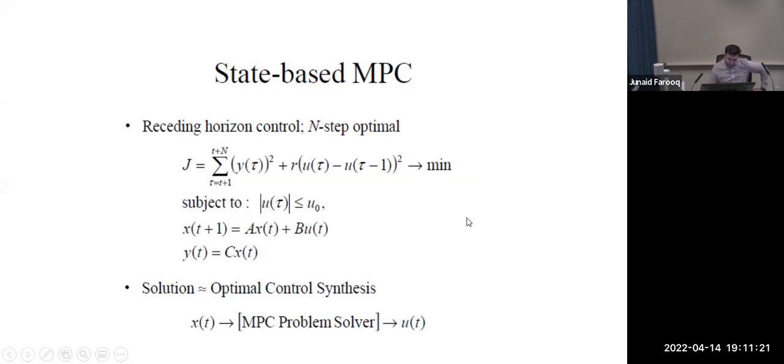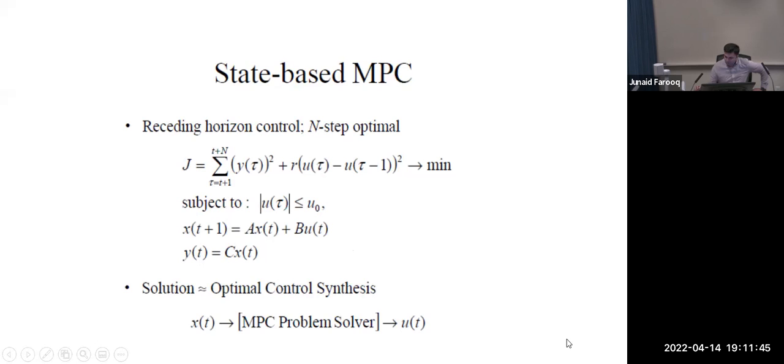Once you find the u of t, then the dynamical model will give you the x of t plus 1. So you got the x of t plus 1 from the dynamical system model based on some optimized u, and when this x of t plus 1 arrives, then the next step it becomes x of t.